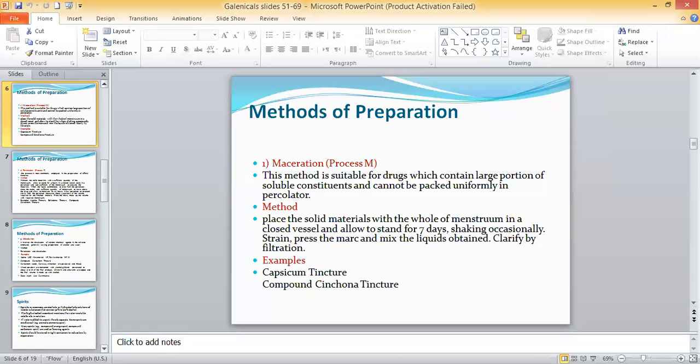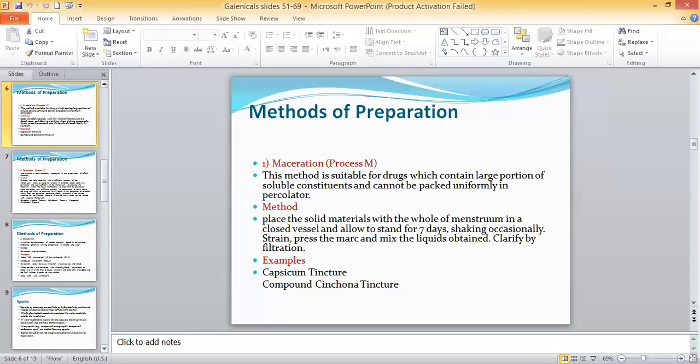So those drugs which cannot be packed in the percolator uniformly, and those which have a high quantity of constituents, are extracted with the help of the maceration process.